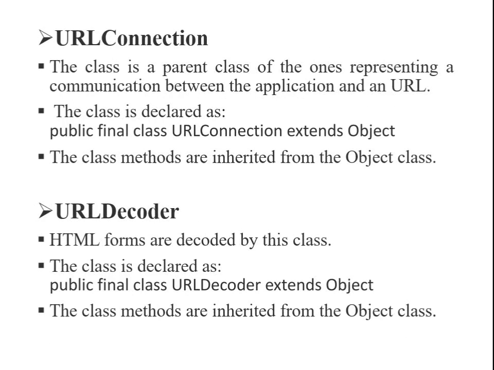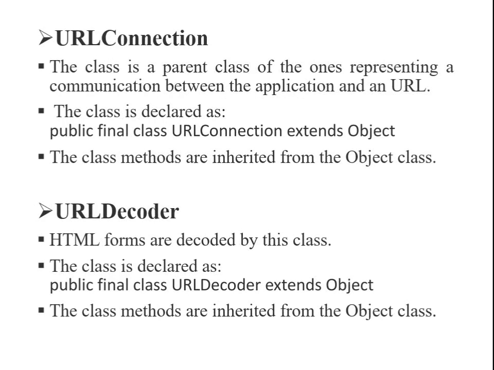Then next one is URLConnection. The class is a parent class of the ones representing a communication between the application and URL. The class for the URLConnection is declared as public abstract class URLConnection extends Object. The class methods are inherited from the Object class.